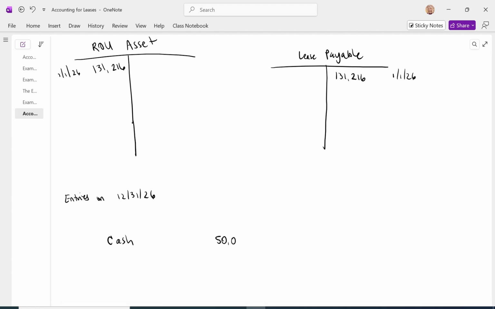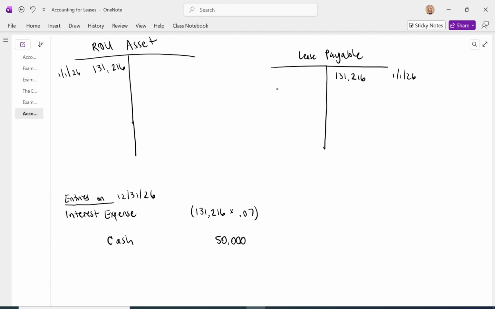I like to put my most obvious accounts first. I have interest expense, time passed. There's a time value of money component here. My amount of interest expense, remember we did it on the amortization table. We can just take the numbers from there. 7% of the beginning balance.